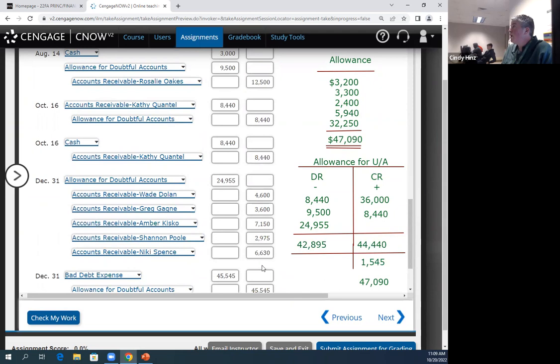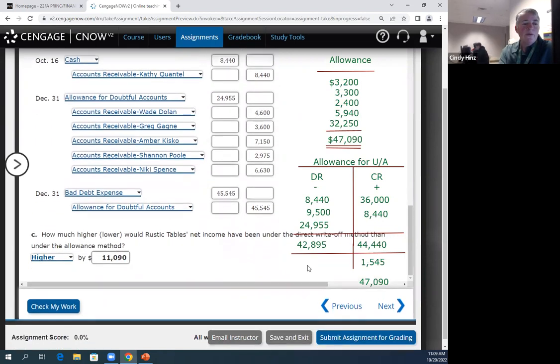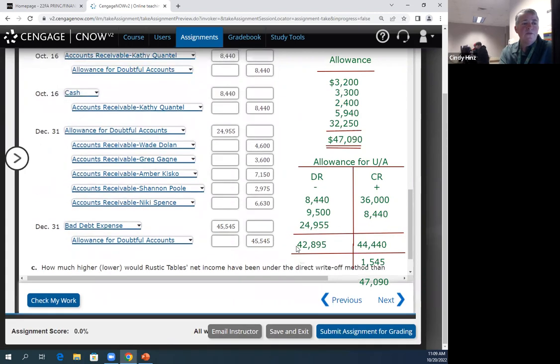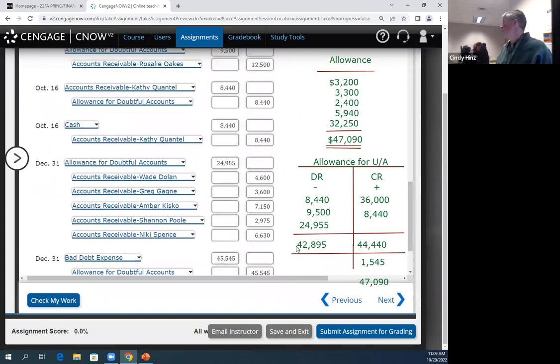So we wrote off part of Rosalie Oak's account, and then Wade, Greg, Amber, Shannon, and Nikki, all of those accounts got written off under A and B. The difference is in the timing. So when we use the allowance method, we're really forecasting for the future what we will need to write off. And so we've properly recorded that expense this year, even though some of those write-offs will likely happen next year or even the following year.